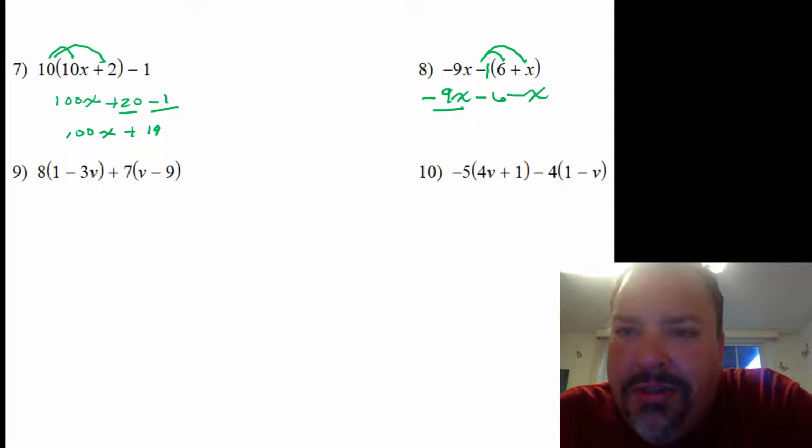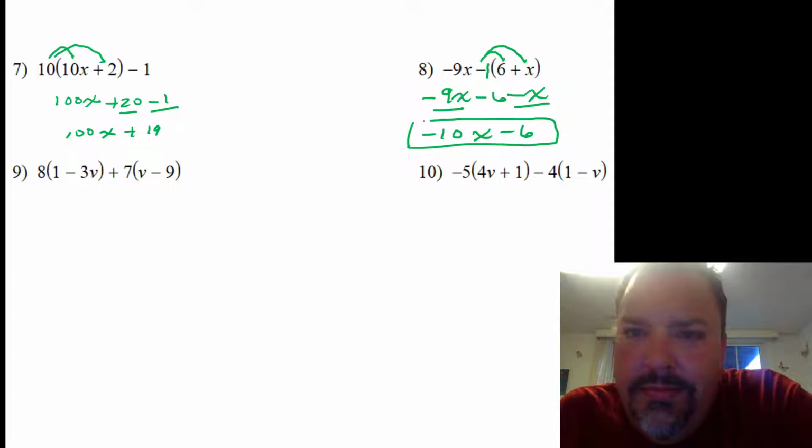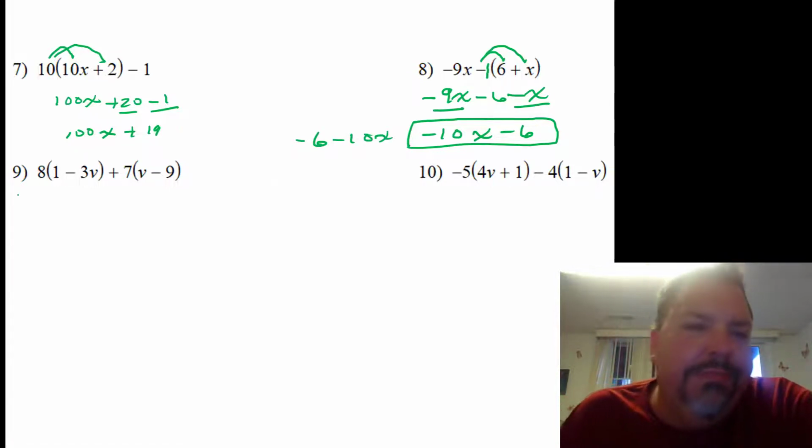And what are our like terms? -9x can combine with a -x to give us -10x. So we get -10x minus 6. And of course, with either of these, you could write them in a different order here. So -6 minus 10x would be fine as well.